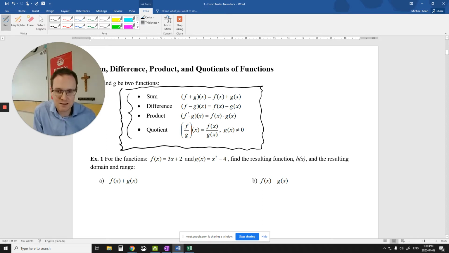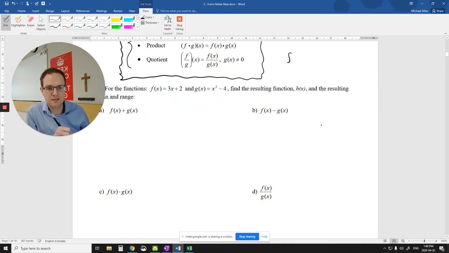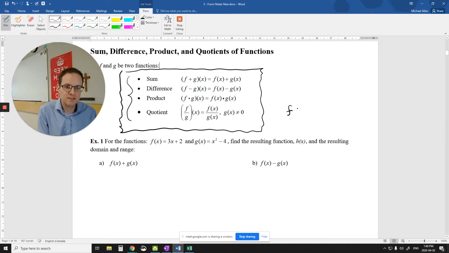Now, the key is this product here is a solid dot. You're going to see later on when we talk about composition a hollow dot there instead. So you might see something that looks like this. If you see a hollow dot, that means I'm going to put a function into another function.